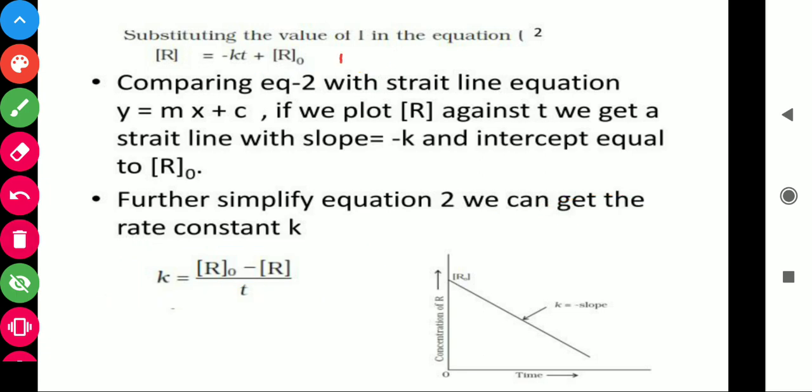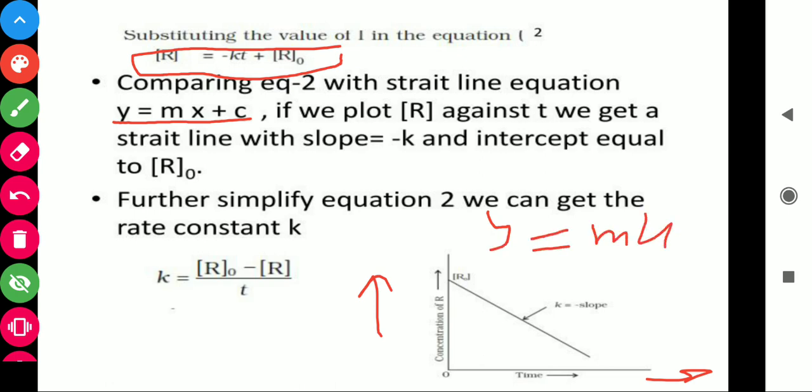Now, we will compare this equation with y is equal to mx plus c, a linear equation, and draw the graph. We have already drawn these graphs in 11th class also. Here, this is the y-axis, this is the x-axis, and in y is equal to mx plus c, c is intercept, m is slope. Then what is the value of y?